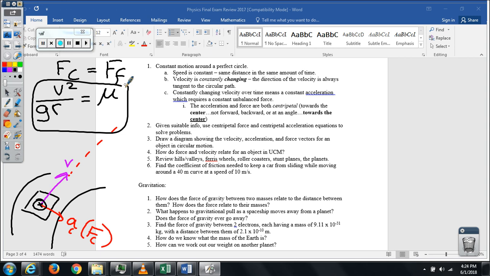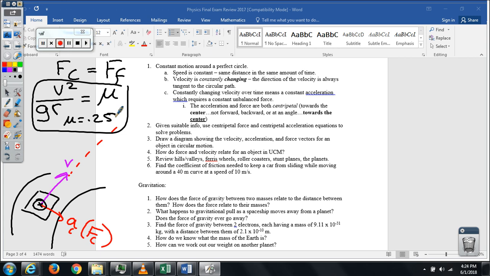The speed v, I told you, was 10, so 10 squared divided by, and I'm going to make sure to put this in parentheses when I'm typing it into the calculator, that's 10 times 40. So you have 10 squared is 100 divided by 400, so that's a fourth. So mu in this case equals 0.25.